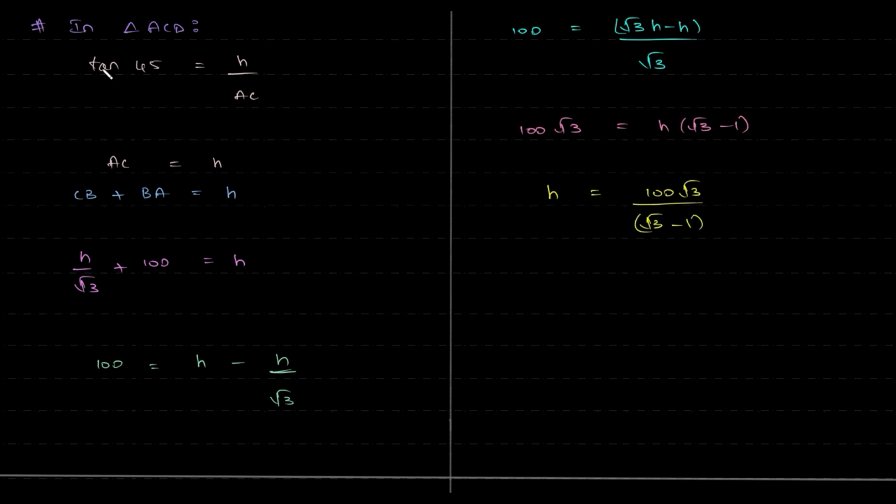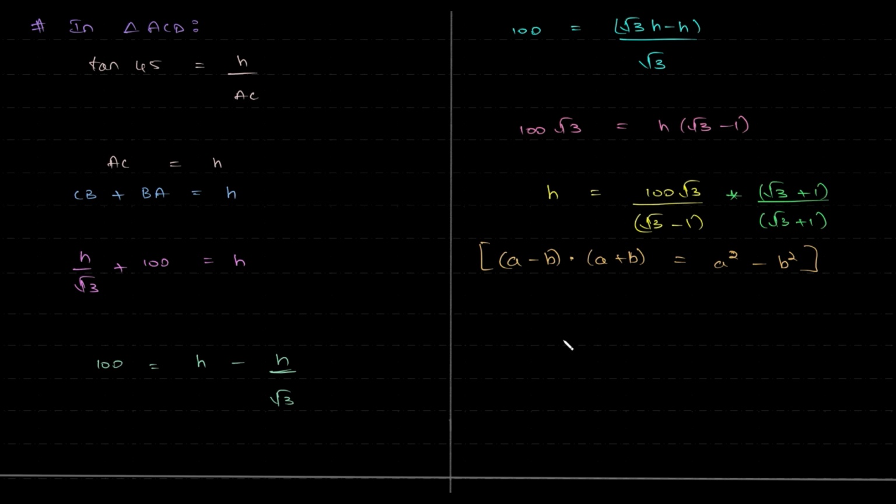Root 3 minus 1. But this is not the final answer. Why? In the denominator we have a root, so I'll multiply and divide with a suitable expression to negate that. We're going to make use of the a plus b into a minus b formula, which is a square minus b square.